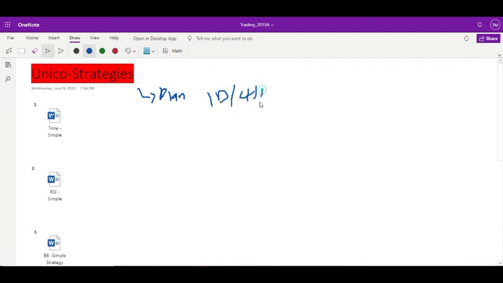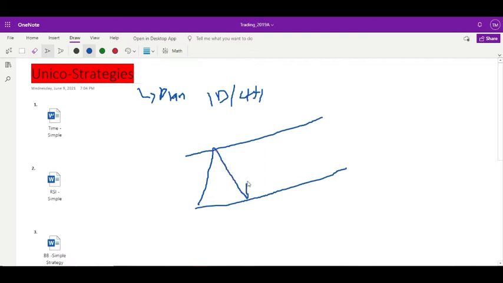It's very important to understand this before we do a live trade. Let's say you find there is a channel, and the market is moving, bouncing like here, here, here.